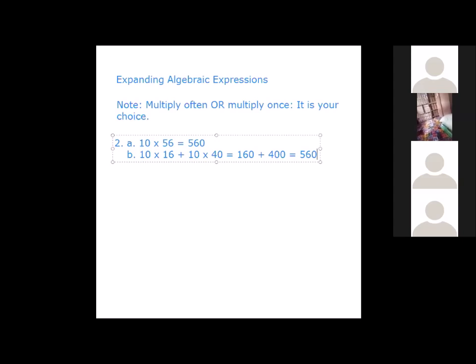Yes, that's right. And then they have the common factor 10. So it is just like multiplying 10 times 56, but we separated the factor 56 into 16 and 40. So 10 times 16, then 10 times 40 is just the same as 10 times 56.